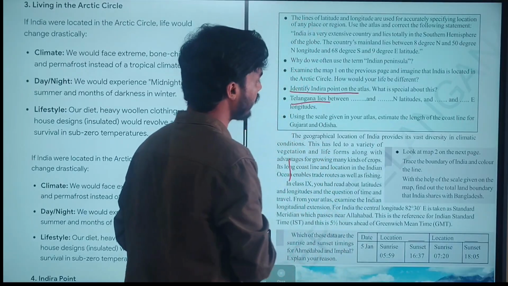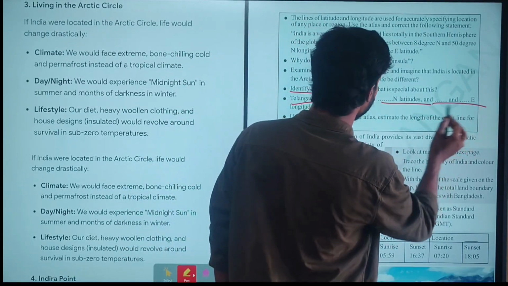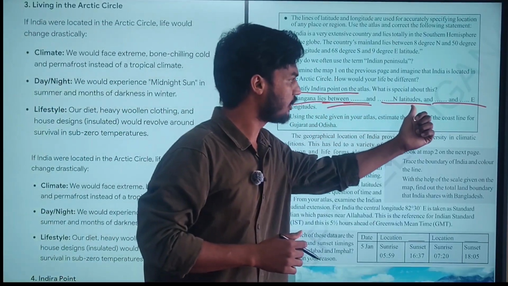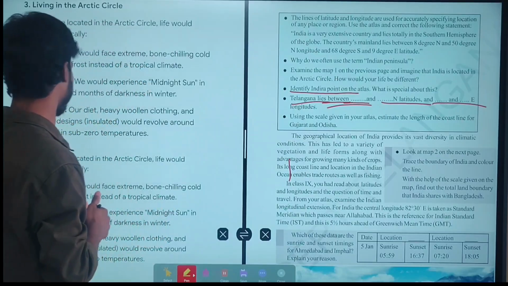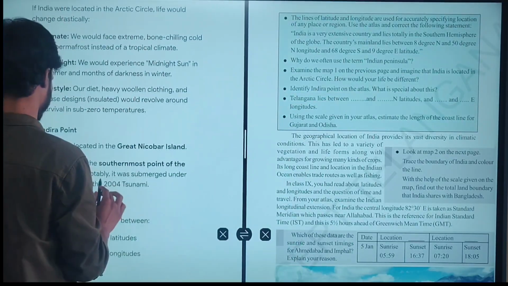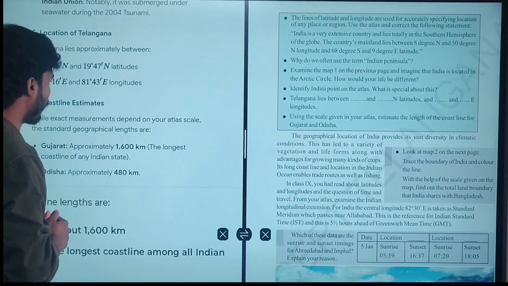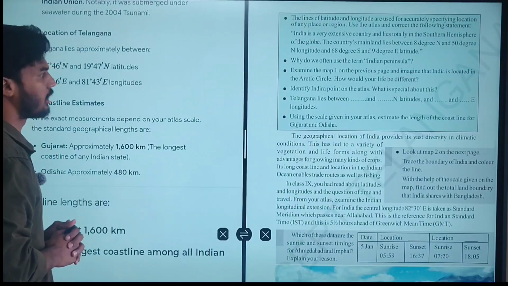Next question: Telangana lies between which latitudes and longitudes? We have read that Telangana lies between the latitudes of 15 degrees 46 minutes north and 19 degrees 47 minutes north.